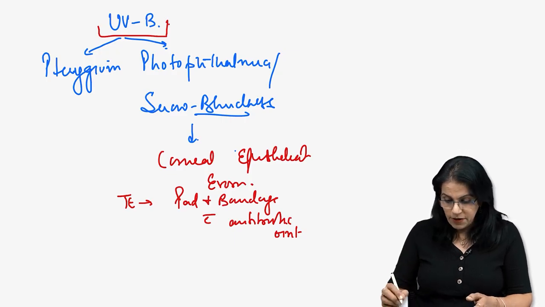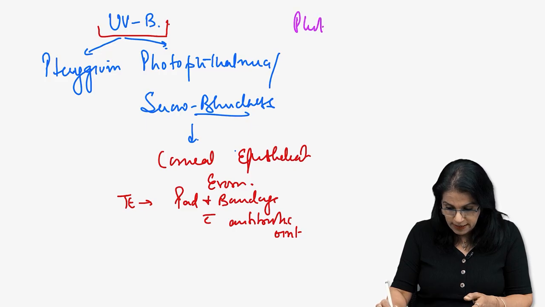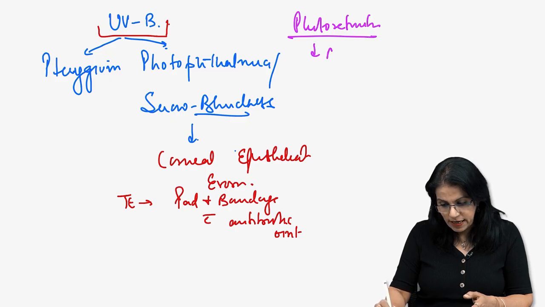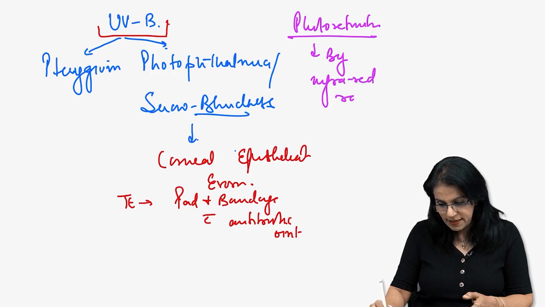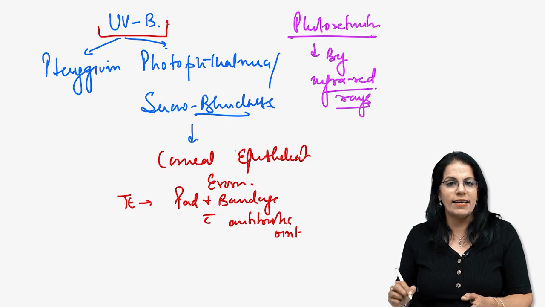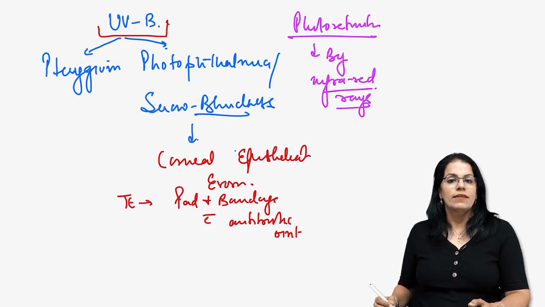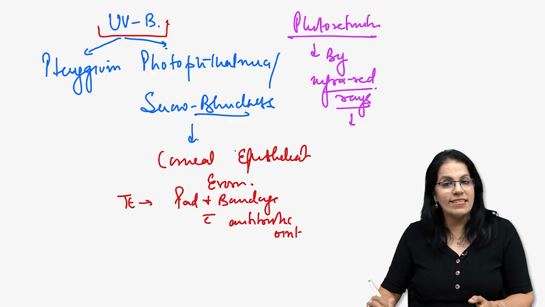At this point we will also learn what photoretinitis is. Photoretinitis is injury to the eye by infrared rays. So, when will this happen?